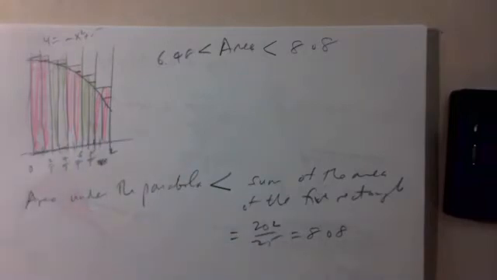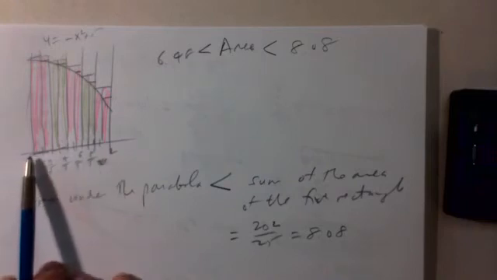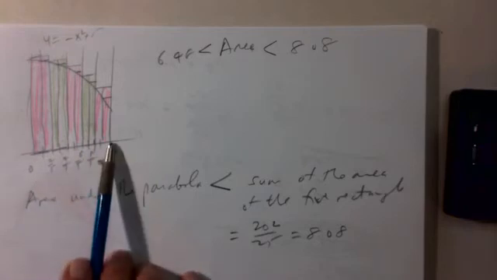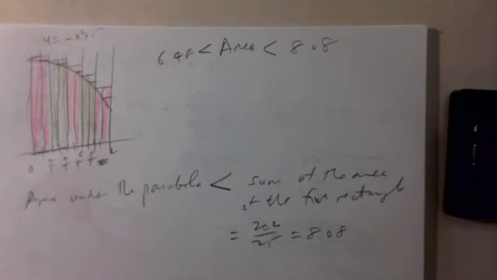And you can imagine that the more rectangles you pick, the more points you divide the interval from 0 to 2 into, you get better and better upper and lower bounds for the area.